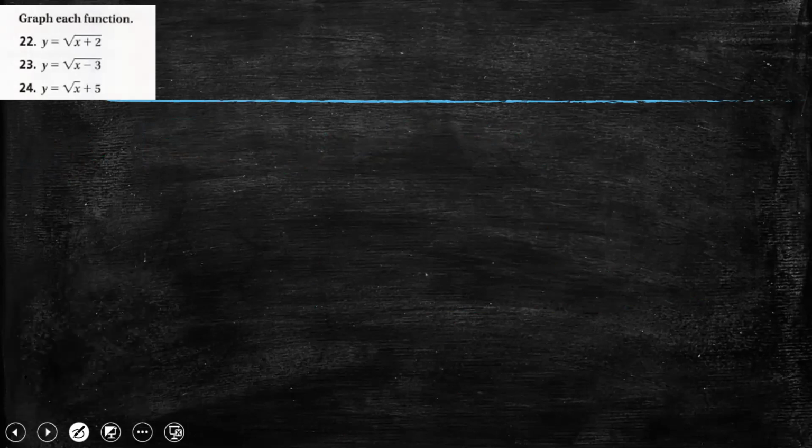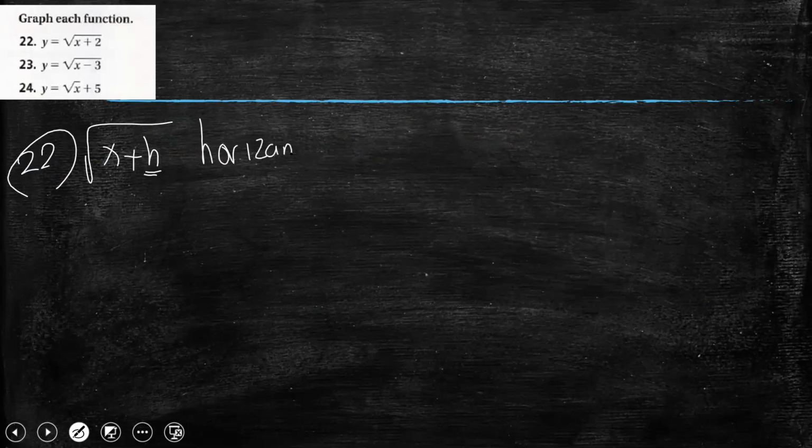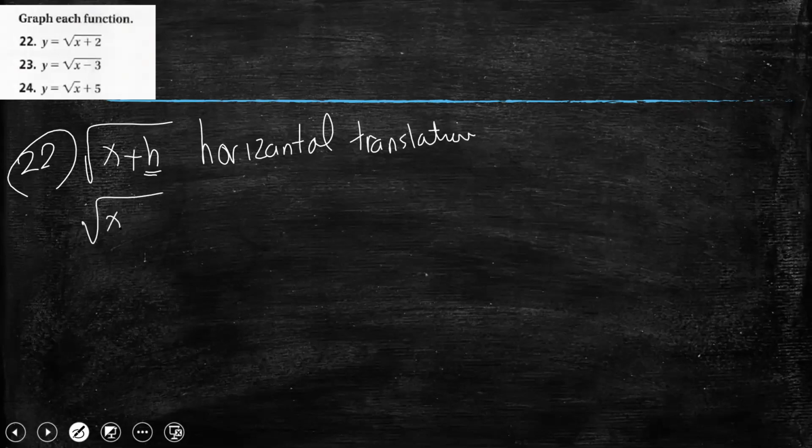In number 22 here, we have the square root of x plus h. Since the h, or the number, is under the square root, I have a horizontal translation. Since I have x plus 2, I have to translate the parent function 2 steps to the left.